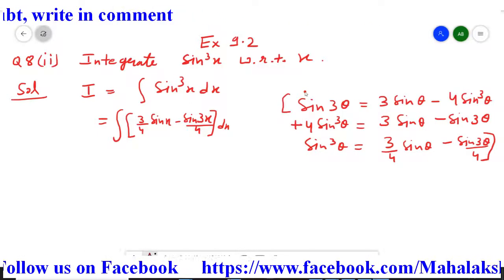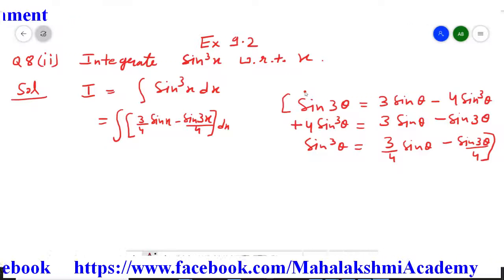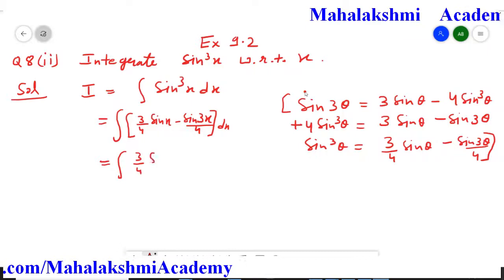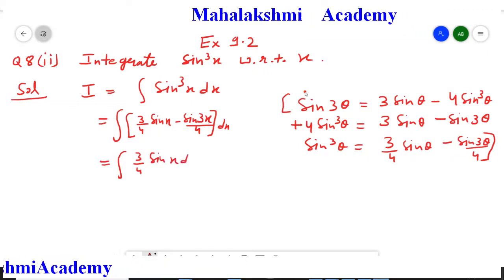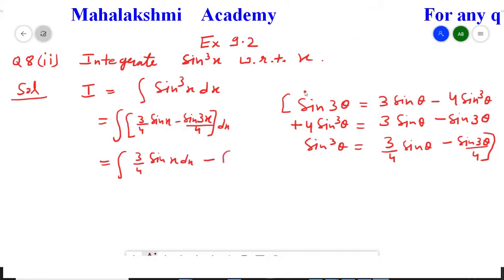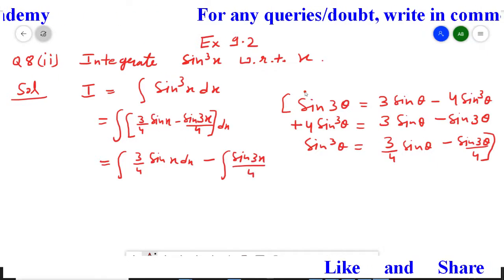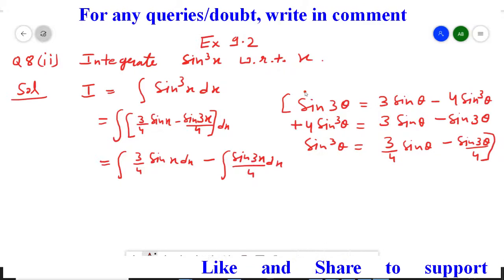So these are the formulas, students. Now we are going to separate them. When we separate them, we obtain 3 upon 4 sine x dx minus, outside, sine 3x upon 4 dx. Now we are going to integrate them.